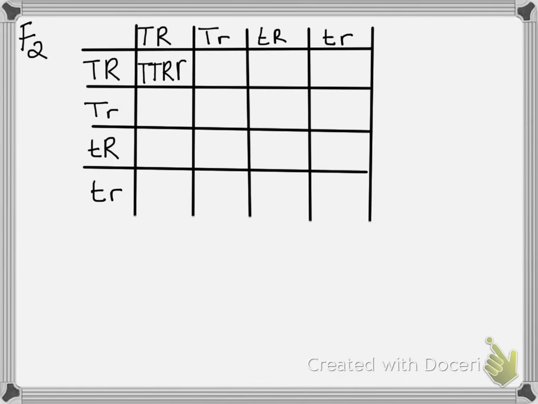I urge you to do this fairly slowly in the beginning, especially when you're just starting out, because often this is where the majority of mistakes arise: you don't copy your lettering correctly and you end up making a silly mistake. Now all I'm doing is crossing my column with my row each time.